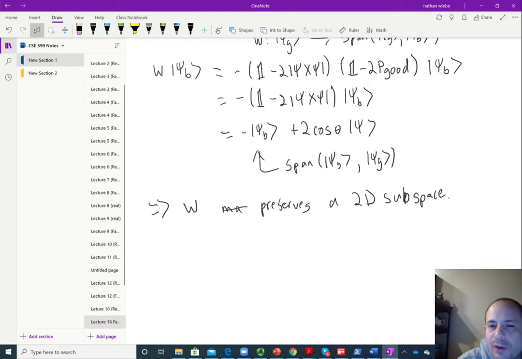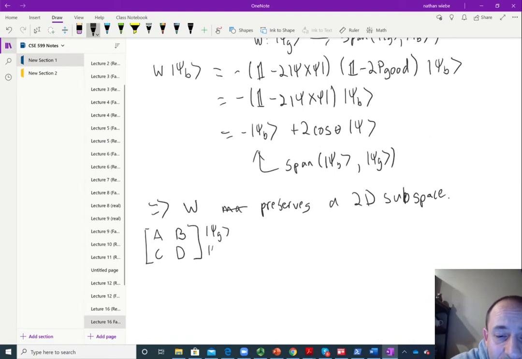Now, if it preserves a two-dimensional space, we'd like to understand the form of the walk operator. Its action on psi g and psi b can be understood by just looking at a two-dimensional matrix that operates on psi g and psi b.